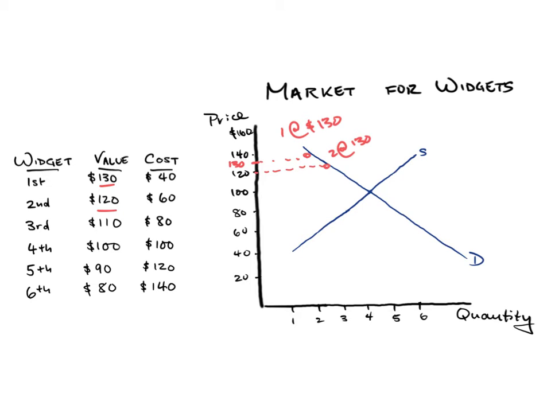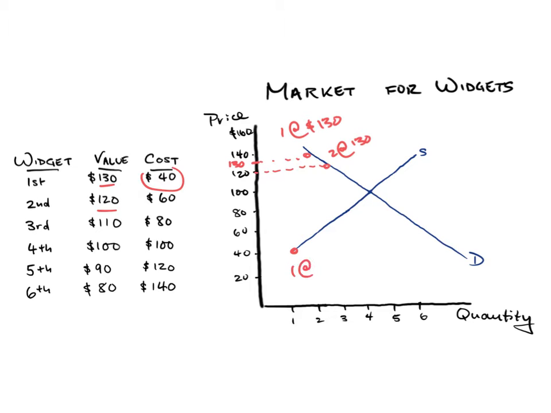Okay. Now, there's also a supply curve. If the price in the market is $40, then there'd only be one firm willing to produce a widget. So that is this point right here on the supply curve.